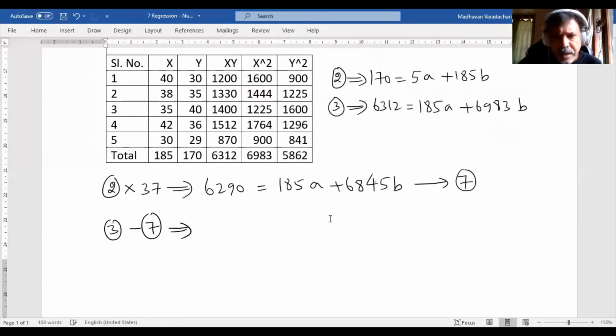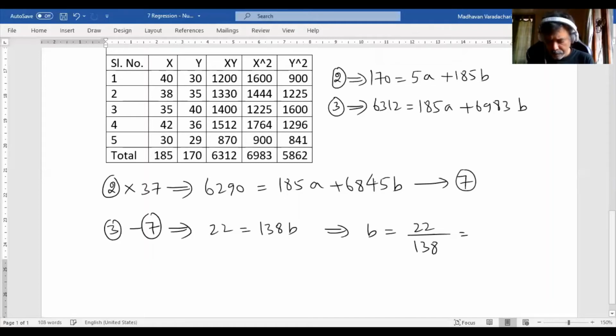So 6312 minus 6290, we get 22. And then 185a gets cancelled. Then 6983 minus 6845, we get 138 times b, which means our b will be 22 by 138, which is 0.594 something. So I will just round it off to 0.6.